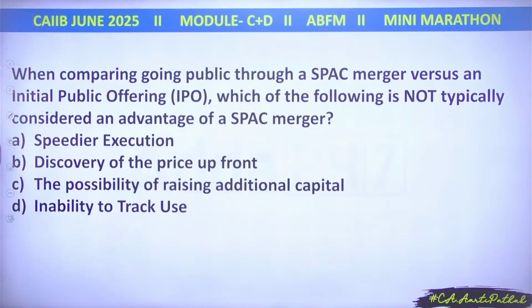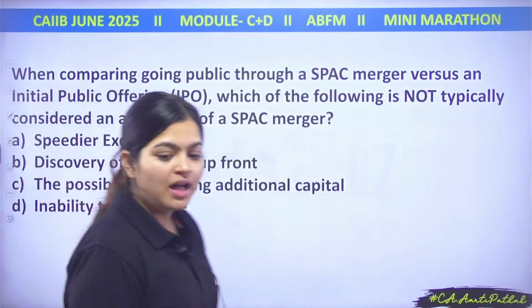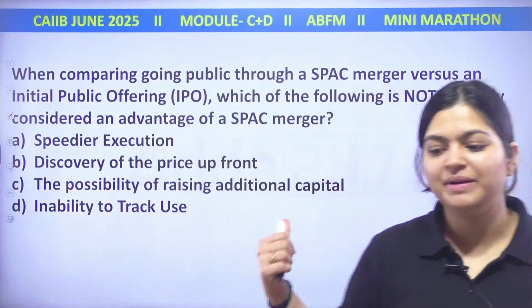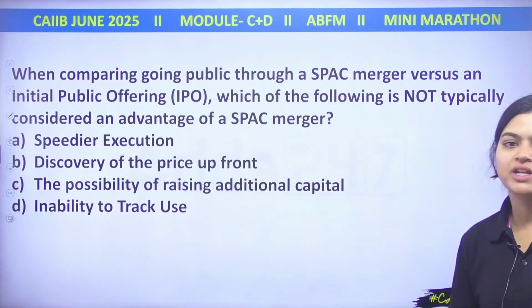Next question. When comparing going public through a SPAC merger versus an initial IPO, which of the following is not typically considered an advantage of a SPAC merger? Again, revise this session and please watch the question again.